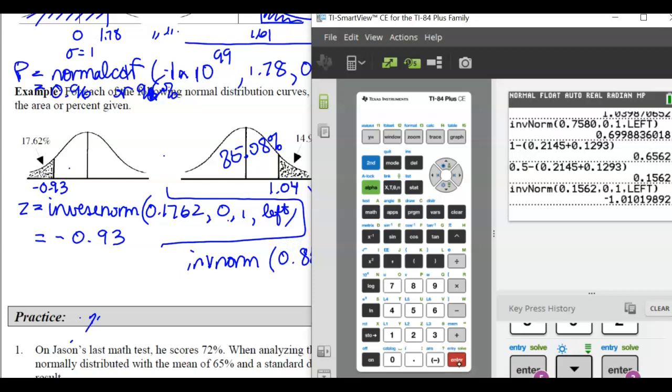Okay, is negative, so here, Z equals, we'll call that Z1, inverse norm 0.1562, left. Negative 1.01. Okay.